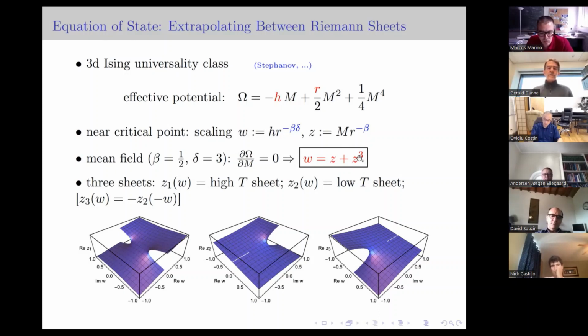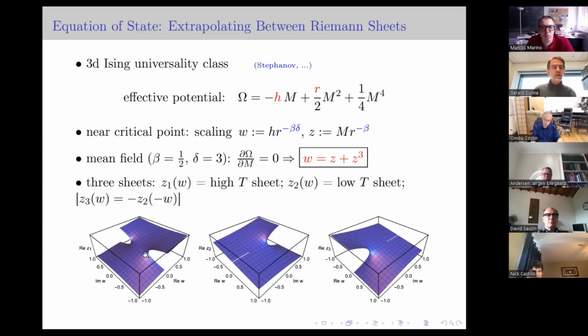So this is a cubic. I've just normalized it to clear away all the irrelevant parameters. And there are obviously three sheets. The first one, what we would call the natural first sheet, has two cuts, which I can normalize to be 1 and -1.